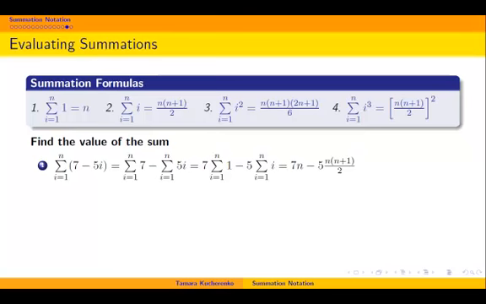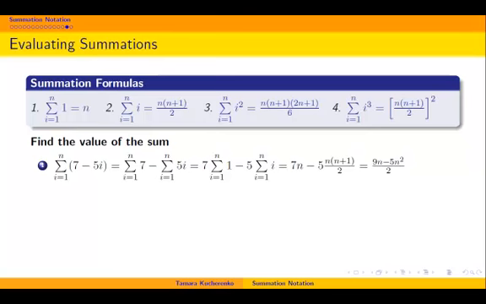Therefore, we get 7 times n minus 5 times n plus 1 divided by 2. We simplify this expression by finding the common denominator and arrive at the answer, 9n minus 5n squared divided by 2.